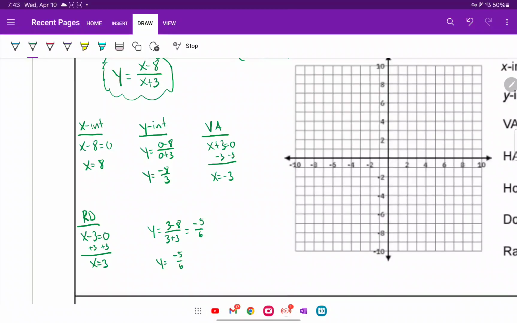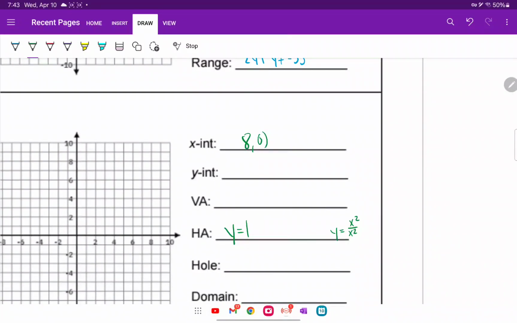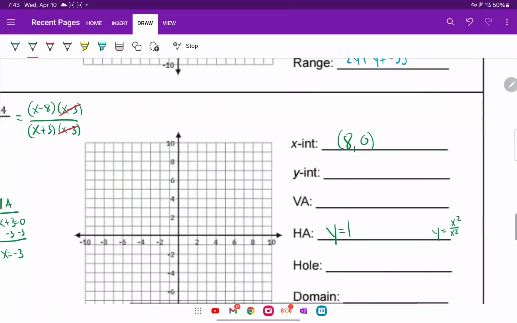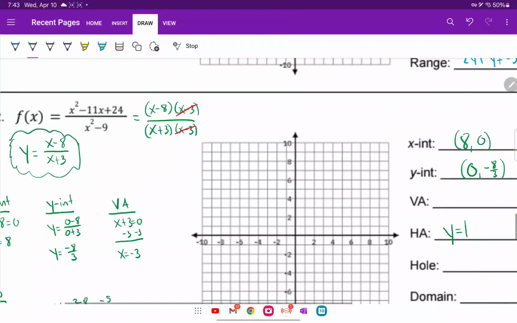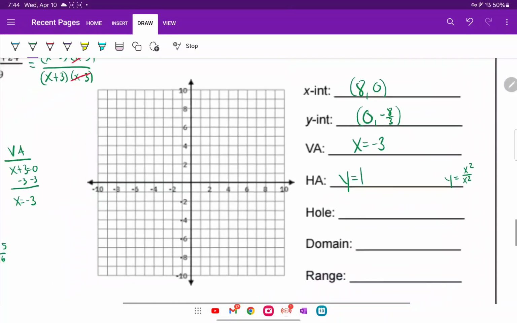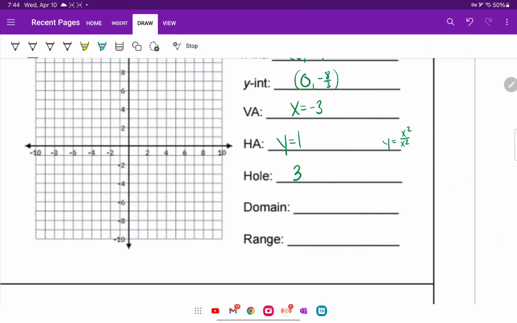All right, so let's go ahead and fill out our information. So my x-intercept is (8, 0). Y-intercept is (0, -8/3). Vertical asymptote, x equals -3. Our hole is (3, -5/6).